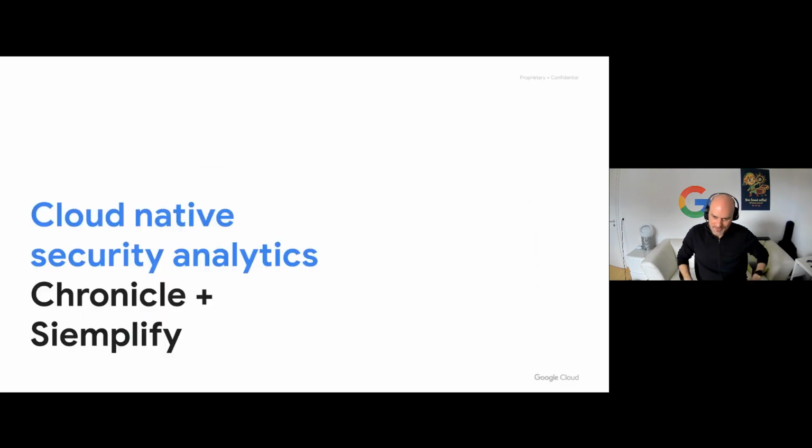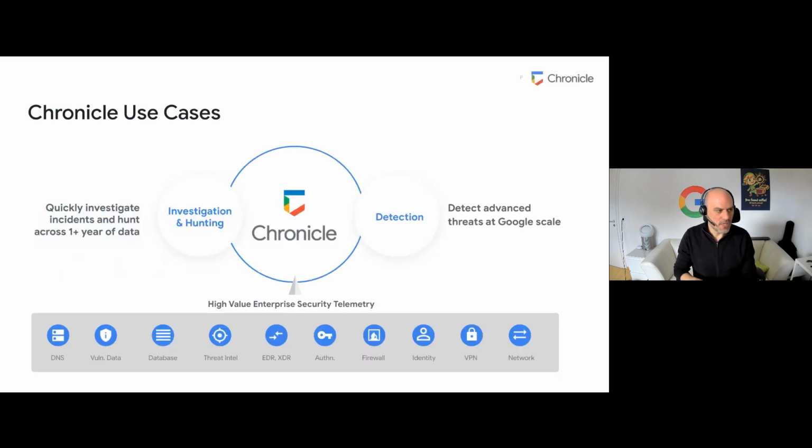Last but not least, that's our cloud-native security analytics solution called Chronicle. And maybe you followed it. We recently acquired a company called Simplify, which adds to the Chronicle functionality. What is Chronicle? Let's call it that way: it's Google search for security analytics.